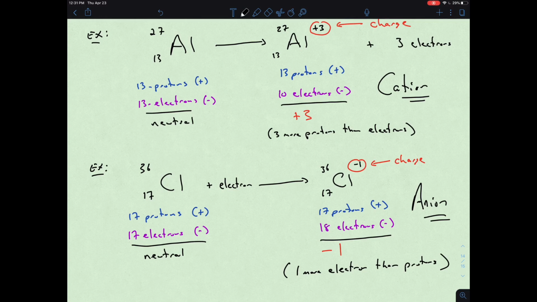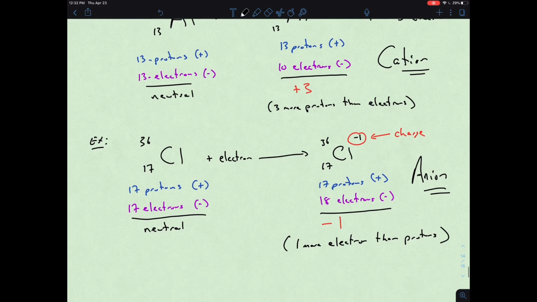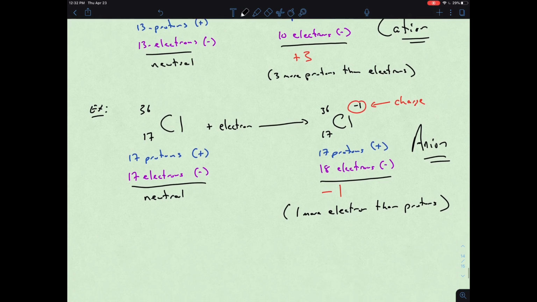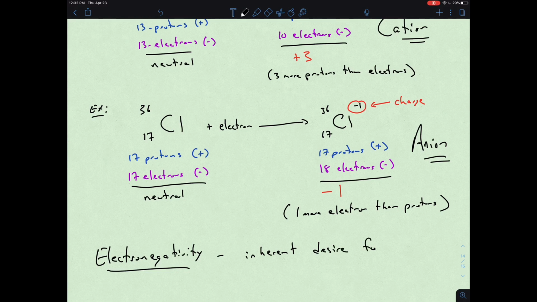Now, why do elements actually form these ions? It's a good question, something that we'll be coming back to. But I always like to talk about this a little bit early, which is the idea of electronegativity. Electronegativity is basically the inherent desire for an element to gain electrons.